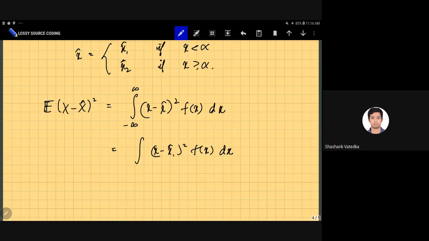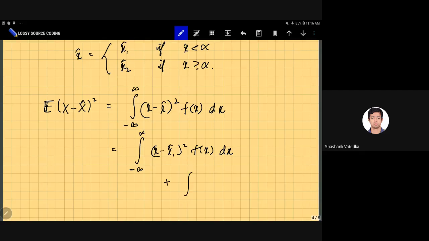But what are the limits of integration? Right, so it's minus infinity to alpha. So x hat is equal to x1 hat only if x is between minus infinity and alpha, right?